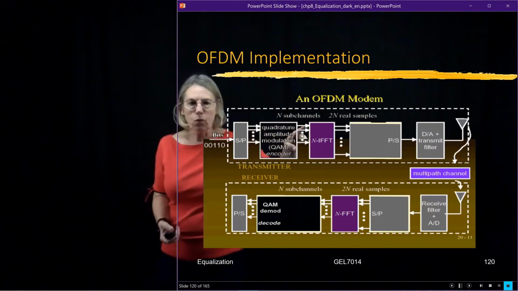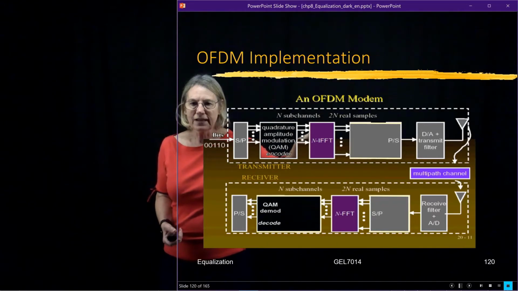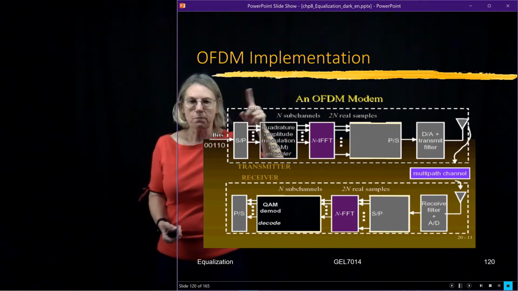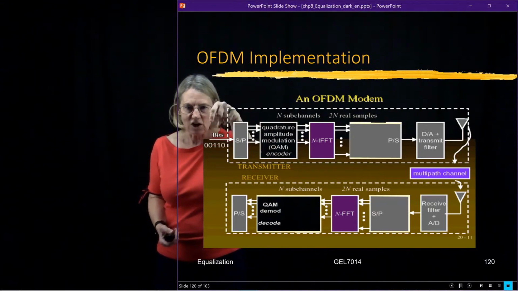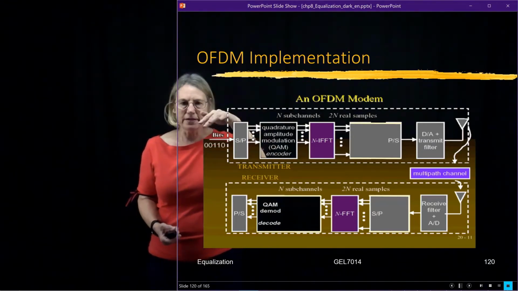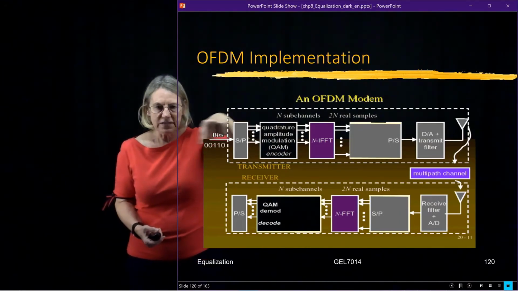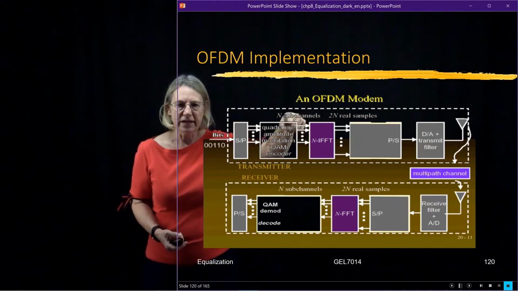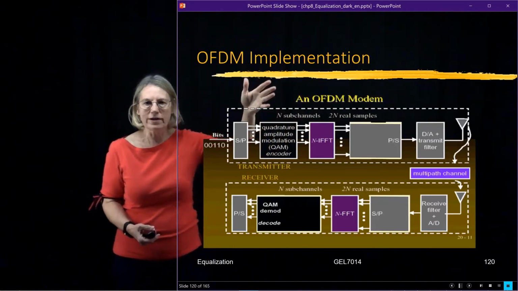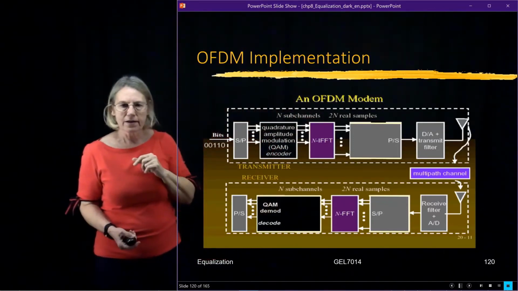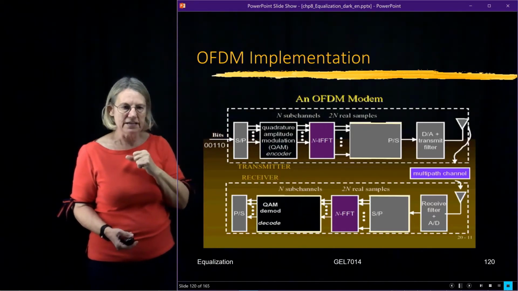These IQ coordinates are what get transferred into the IFFT. In BPSK, each bit went into either a plus or a minus 1. If it was QPSK, 2 of these bits would get together, and I would put in, say, plus 1 plus j, or whatever the coordinates are for the bit pair that I'm sending.